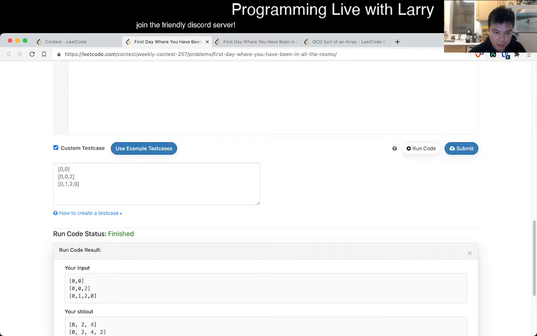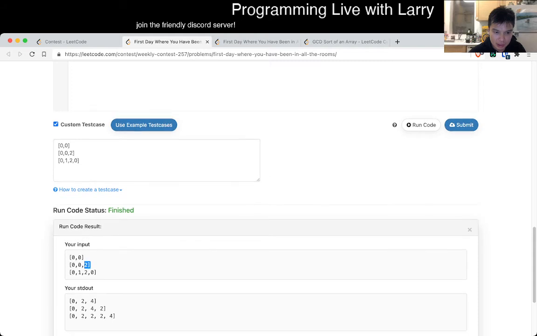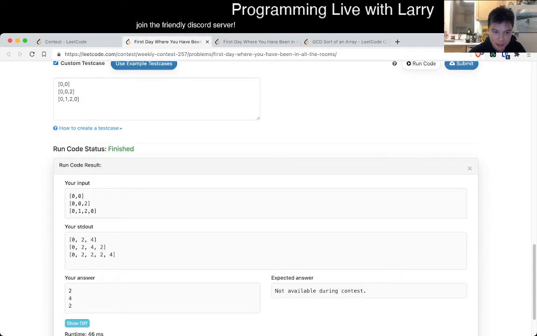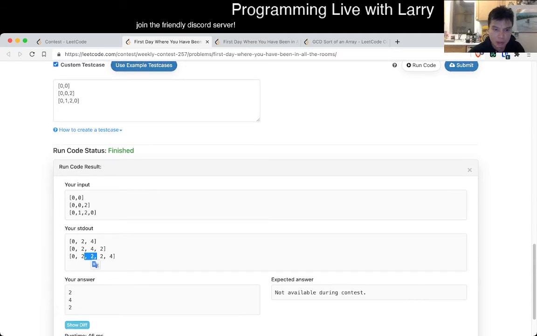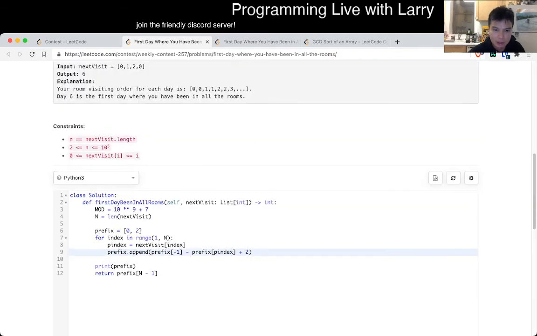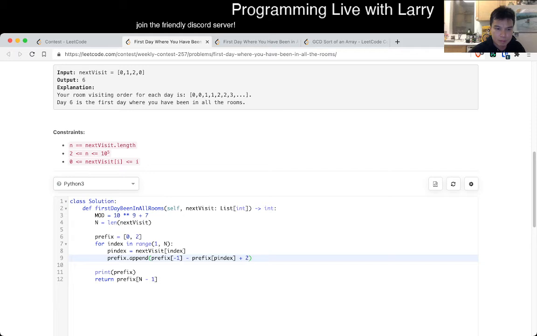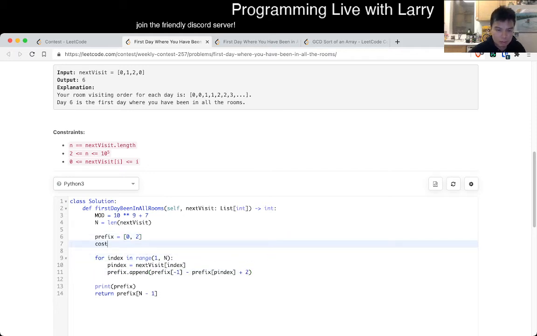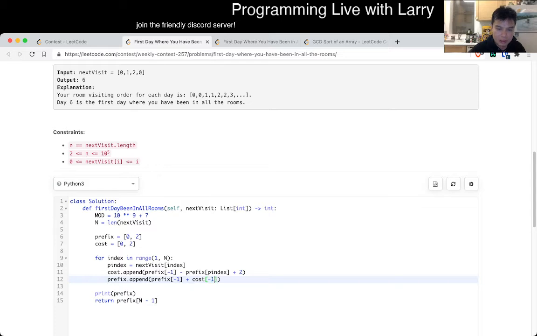And we don't care about this number. So actually this is just the sum of these, and I think that would actually be right, because this is the cost, but we have to do the prefix sum. So the cost is this thing, and then the prefix sum is just this thing, and then maybe we're right.